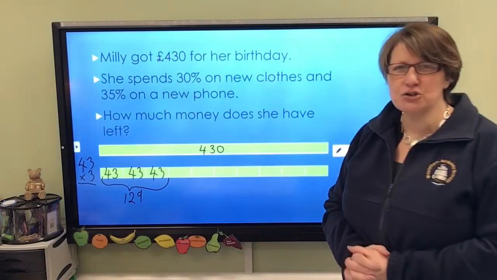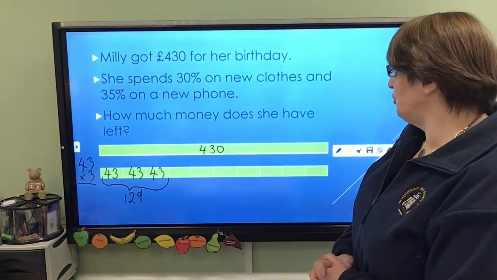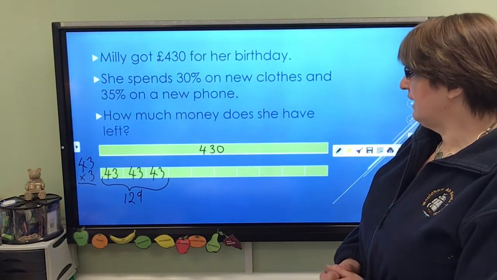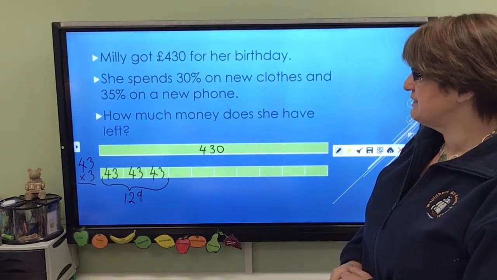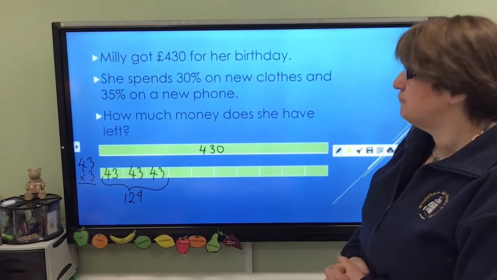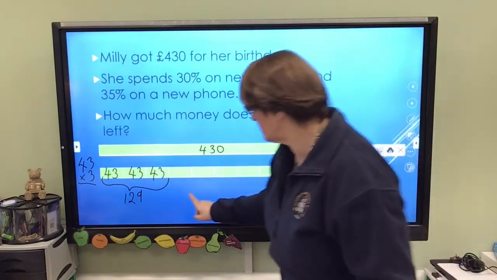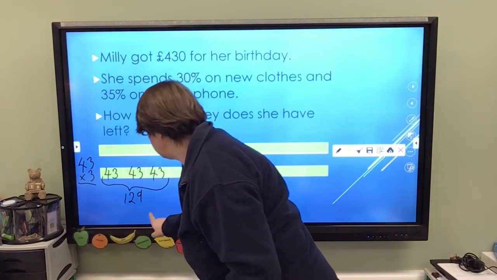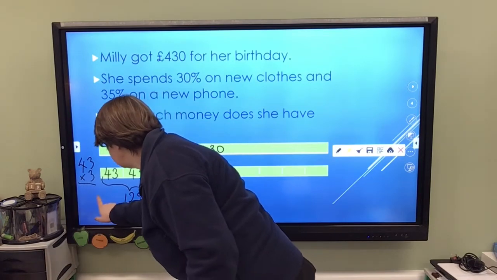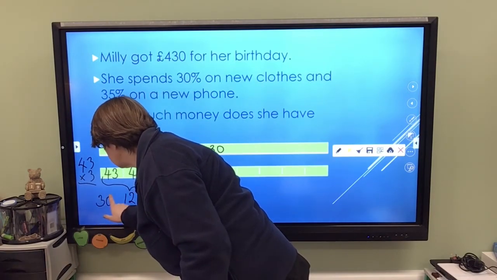She spent £129 on new clothes. And then it says she spent 35% on a new phone. So that's 30%, 10, 20, 30%. So we know that 129 is 30%.